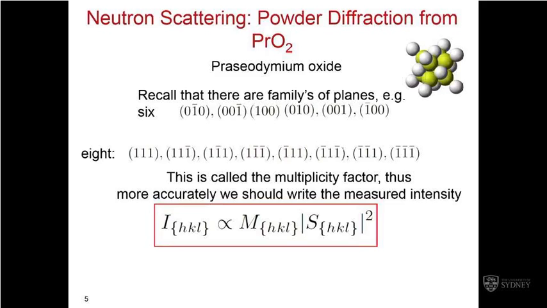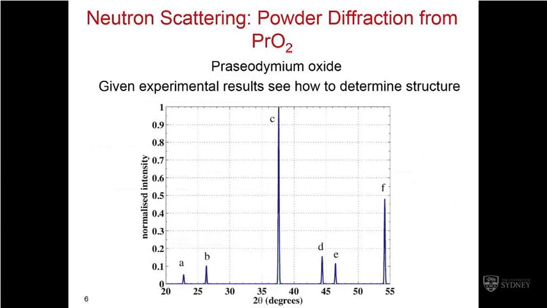So what we're going to do is do an example. Imagine you're an experimentalist sitting at your neutron scattering facility somewhere, and you've got some kind of material, praseodymium oxide, and you're not sure what the lattice constant is, and you don't know what its structure is, but you've been able to make measurements, and these are the results that you've got.